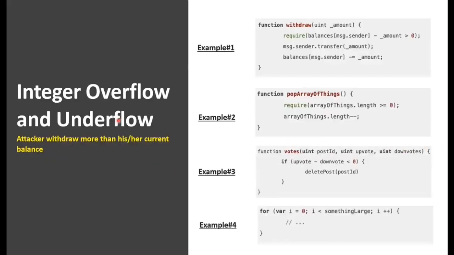The integer underflow and overflow is an attack that happens in more than just smart contracts, but here an attacker can take advantage of this to withdraw more than his or her account balance. The way that this often works is a variable is set up as an integer, and a greater value is passed to that integer, which sometimes results in the smart contract wrapping the value as an unsigned integer.